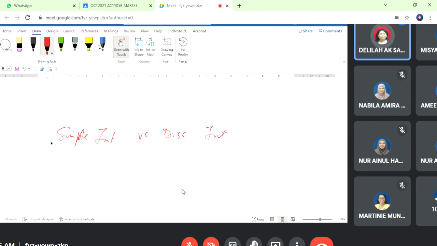So if you get a simple interest loan, you will get the full amount when you borrow the money. When you have a discount interest loan, you don't get the full amount. The amount that you receive will be less, because the interest is deducted from the amount that you borrow.